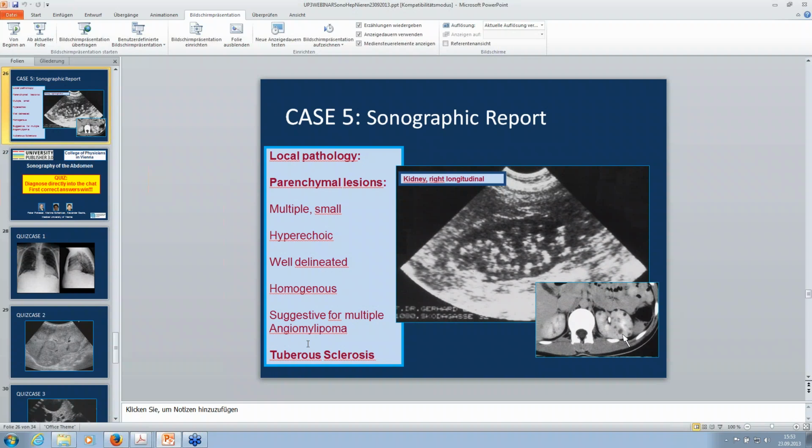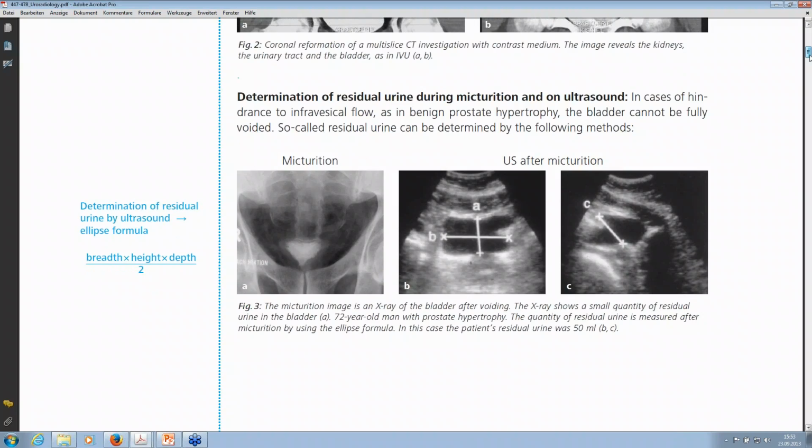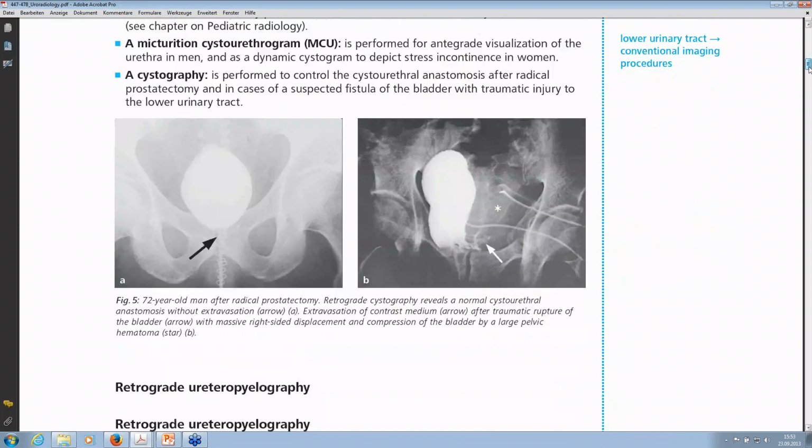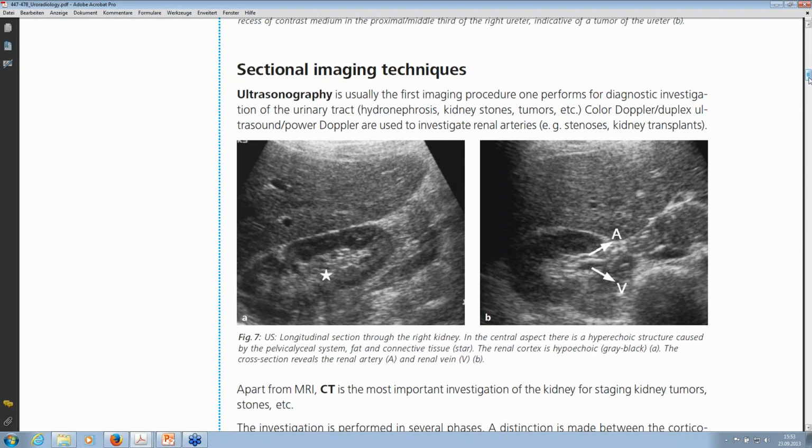So in this setting, we would like to go back to our clinical textbook of radiology, and step a little bit to these tumors and other examples. This is the complete chapter. Here we see a beautiful example of a normal echogenicity of the liver compared to the kidney.